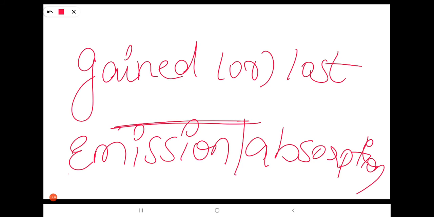We know that inside the atom, subatomic particles are present: electrons, protons and neutrons. So the electrons present in an atom of an element absorb some energy and move to excited states, and when they return back to the ground state, energy is emitted in the visible spectrum.